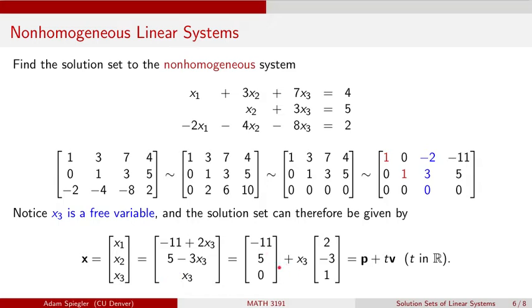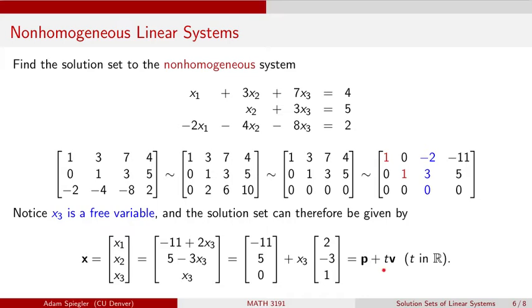Then we add to that the free variable x3 times the vector 2, minus 3, 1. These values come from the 2, the minus 3, and the 1 in our solution, which we can then write as a vector equation p plus t times v. This is parametric vector form.